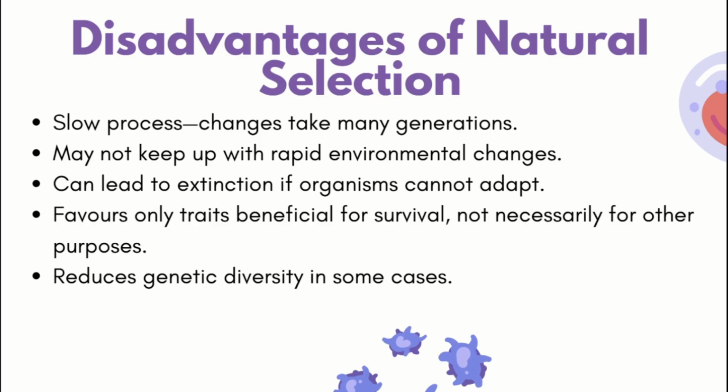But we're trying to say that natural selection doesn't always keep up with rapid environmental changes because it's such a slow process. When the drought happened, natural selection was like, okay, the birds with the big, tough beaks that can crack the seeds are going to survive. It picked those because they could actually feed themselves, right?